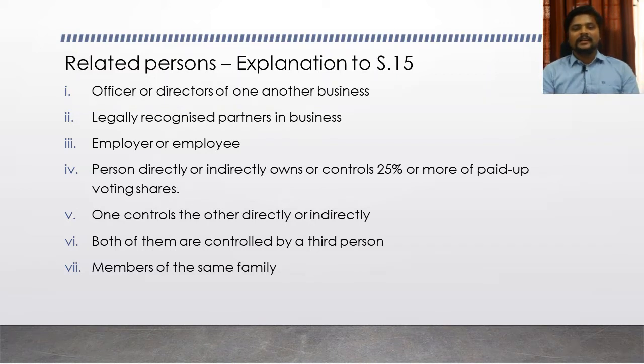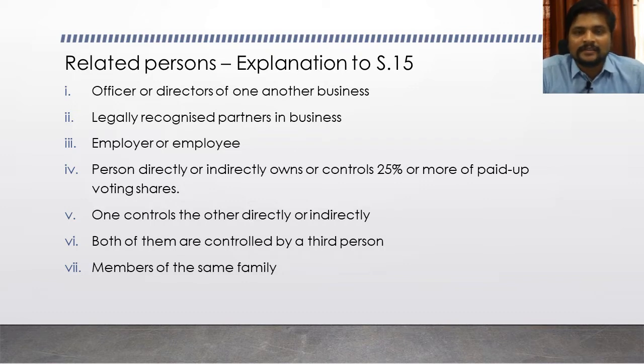Second, legally recognized partners in business, where there is a partnership deed and, based on it, they are partners of a particular business. In that case, those partners will be called related persons. Third is the employer and employee; that employer-employee relationship is also called a related person.